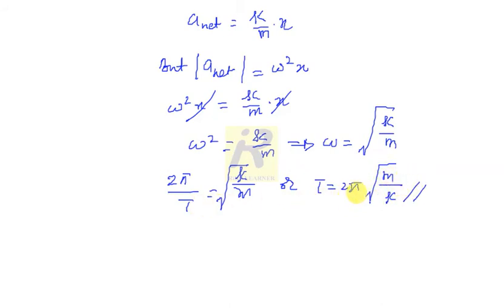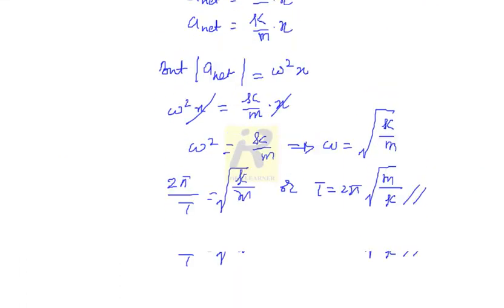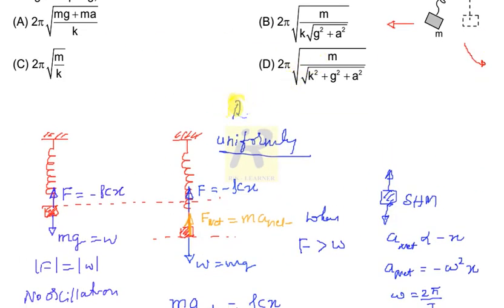This is the period of oscillation we got in the situation where there is no acceleration or the body is moving uniformly, at rest or in uniform motion.